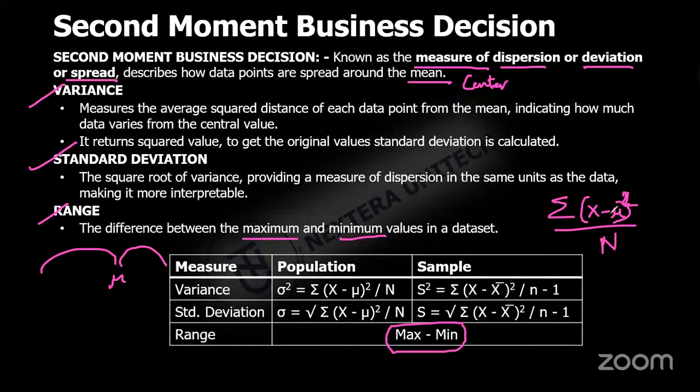Is this similar to summation of x by n? That is the formula for mean. In place of x, we have replaced it with x minus mu whole square, which is telling us the dispersion, the spread, calculated from the center value, from the mean value.